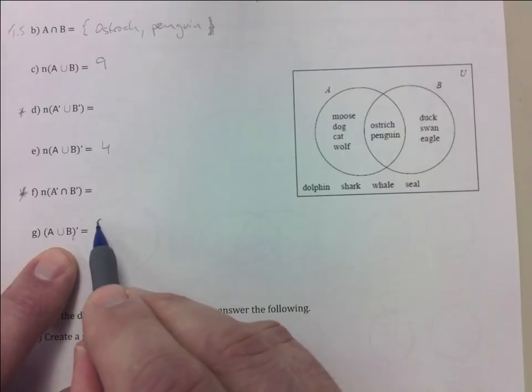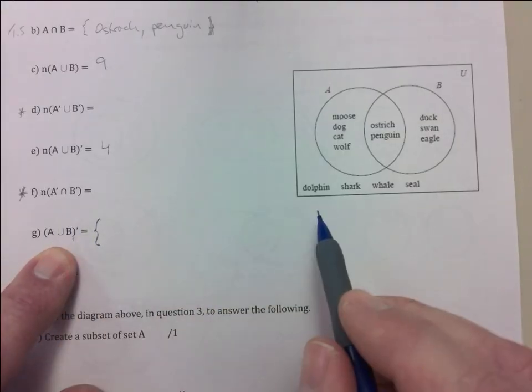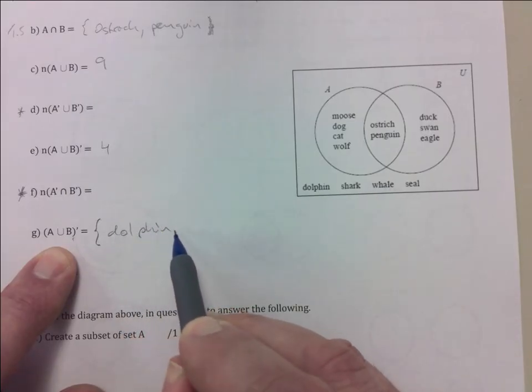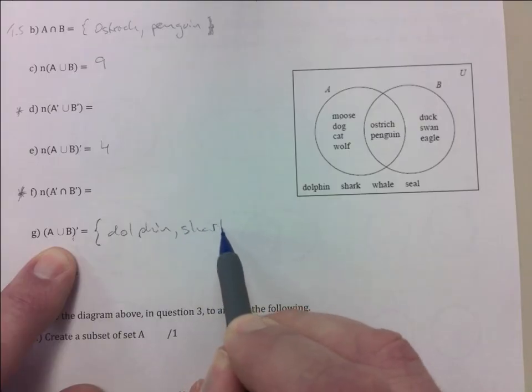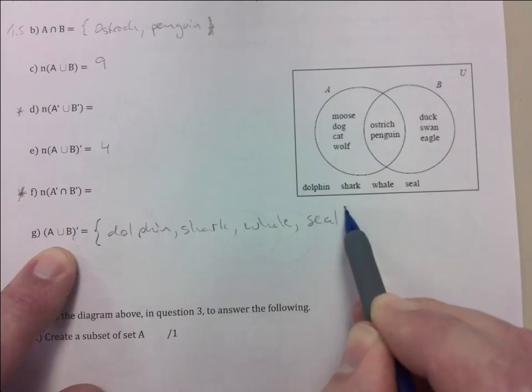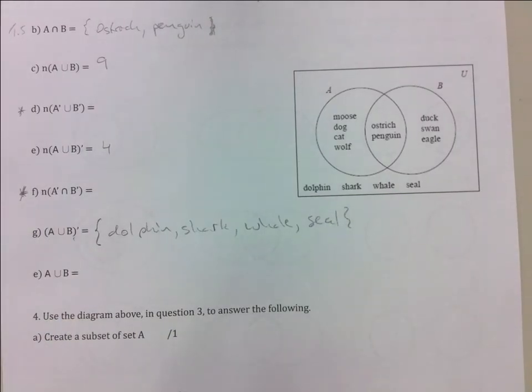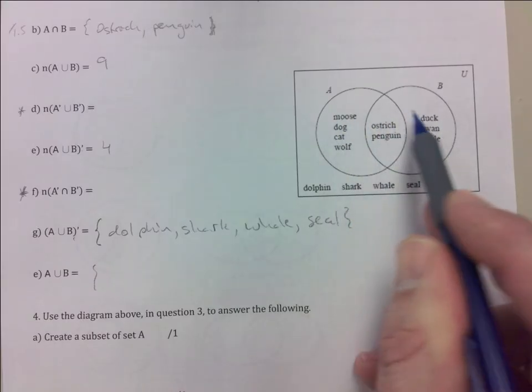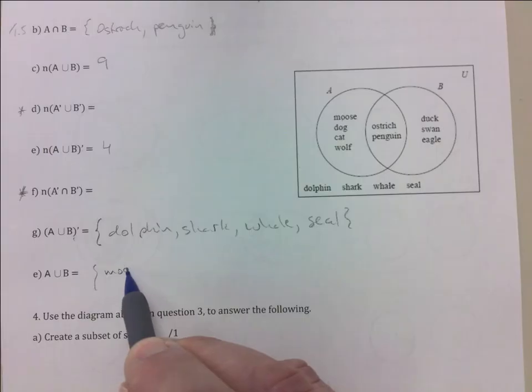Okay? So we want the actual outliers, so we're just going to go dolphin, shark, whale, seal. There we go. And then here we want the union, so you want everything in both sets combined. So I'm just going to list them all.